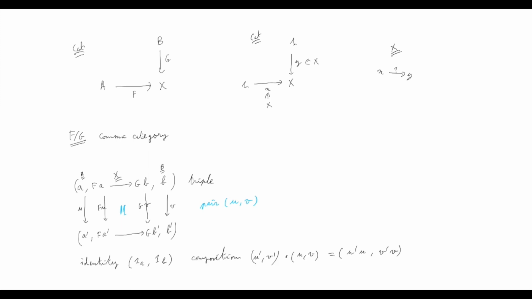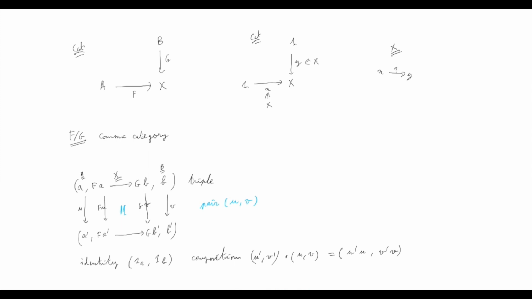And if we want to define a category, we furthermore need to define identities and composition. So this pair of morphism in A and B, 1A and 1B, is indeed an identity by functoriality, because F will transport the identity of A to the identity of F of A, and likewise for the identity of F of B. So the square will commute, and composition verifies all the associativity condition and the fact that identity is the identity for this composition.